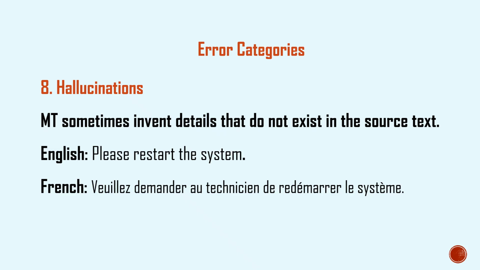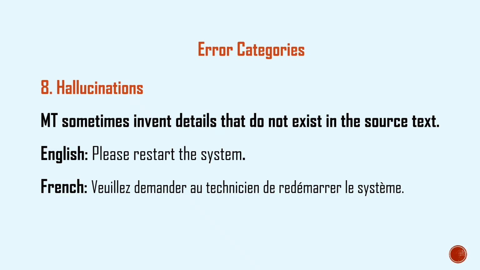This type of error is one of the most dangerous behaviors of neural machine translation because it creates misleading or incorrect meaning while still sounding fluent and natural. The same problem appears in Arabic machine translation.